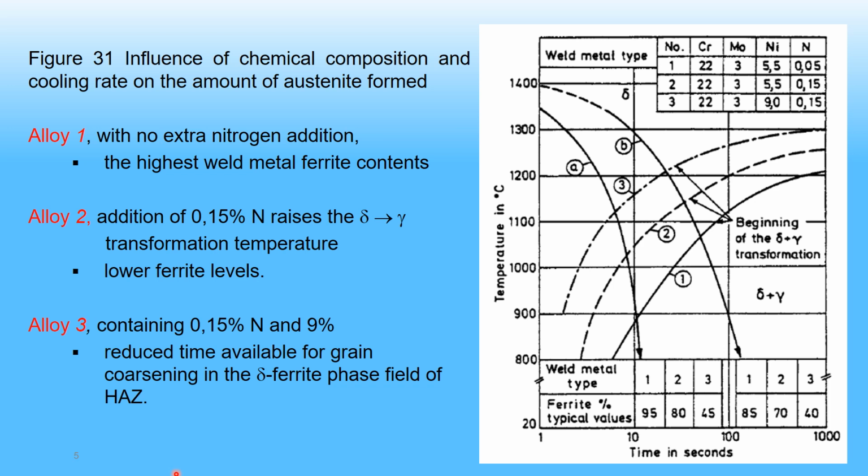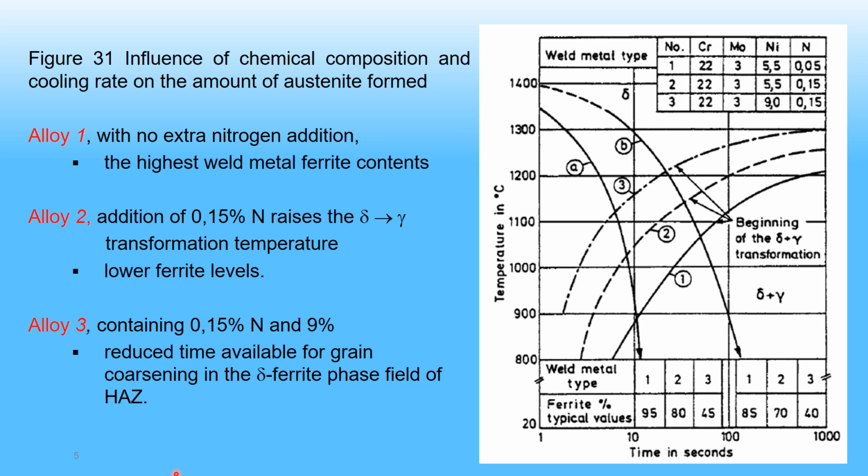The first generation duplex stainless steels do not contain nitrogen, so the as-welded microstructure of these grades contain continuous regions of ferrite in the heat affected zone due to the high cooling rates in welding. This results in the reduction of toughness and corrosion resistance. The second generation contains nitrogen.